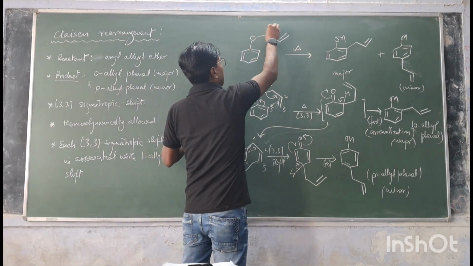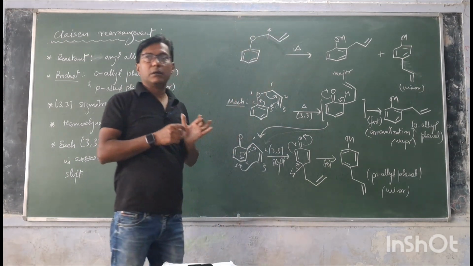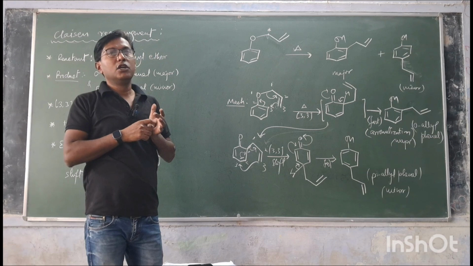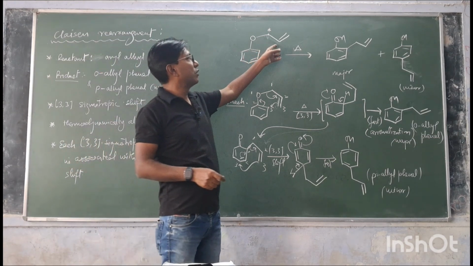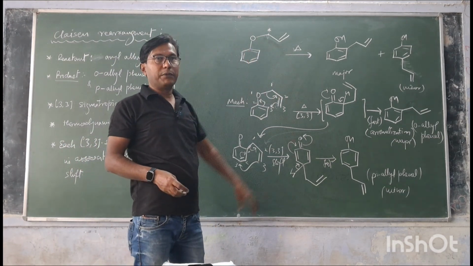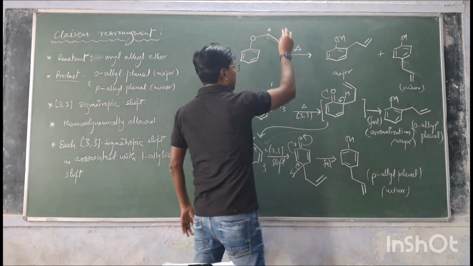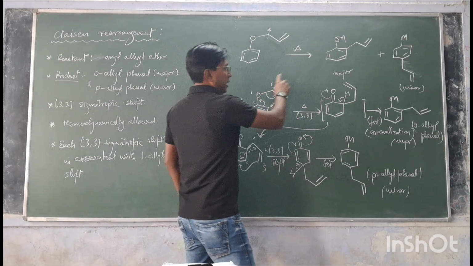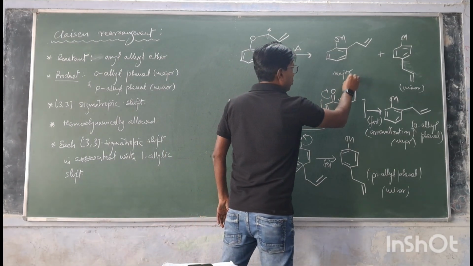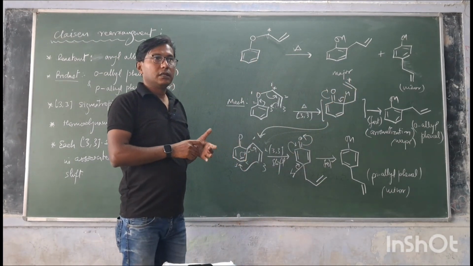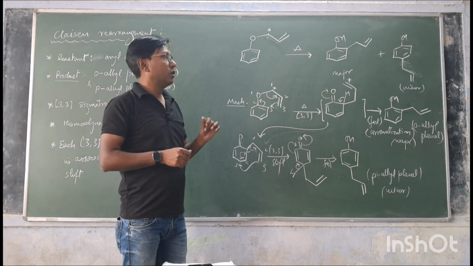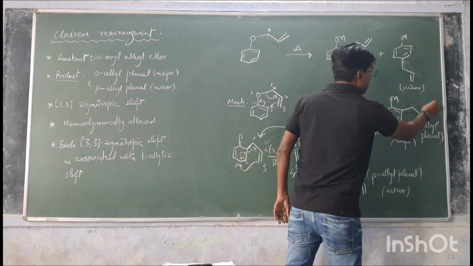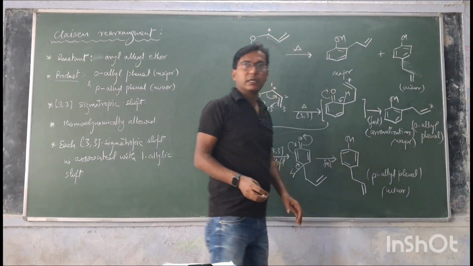If this is a labeled carbon, I am just putting an asterisk mark over here to show that this carbon is different from these carbons. What will happen? You can easily say this labeled carbon is going to be at this position. Clear? In ortho, this is going to be present over here.